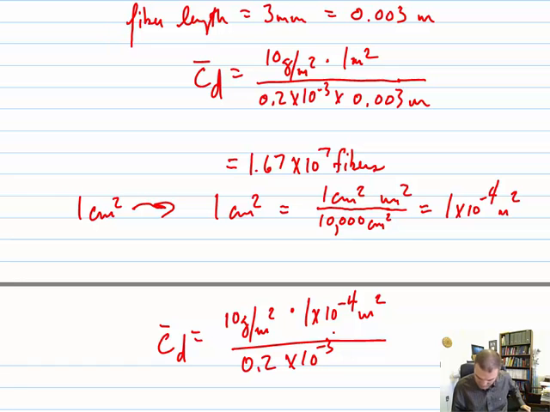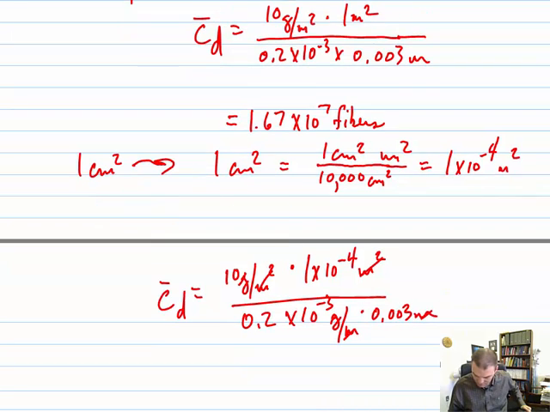And I can put units on this. I should have put units on this before. These units are grams per meter times our fiber length of 0.003 meters. When we go through these units, you see they all cancel out, and you end up with just a number on this side.